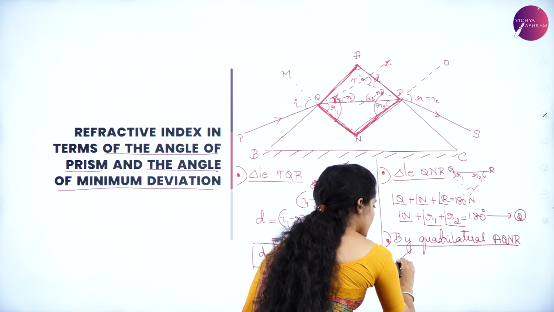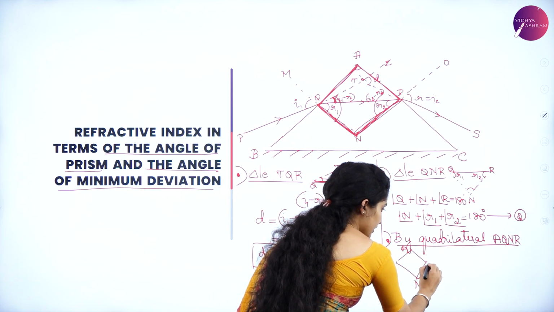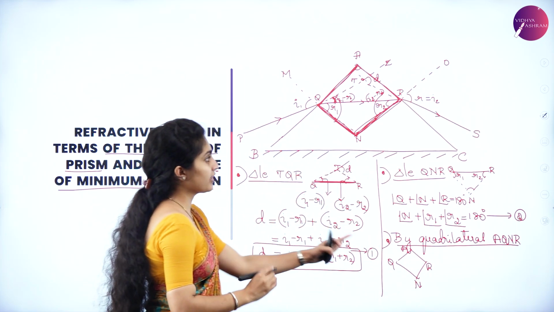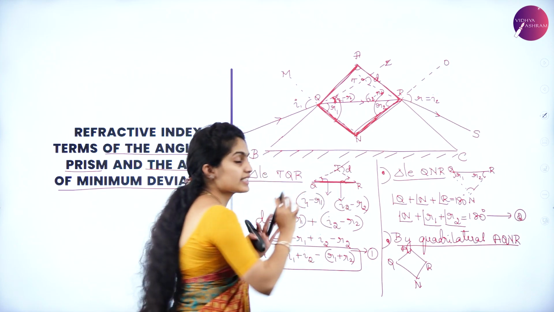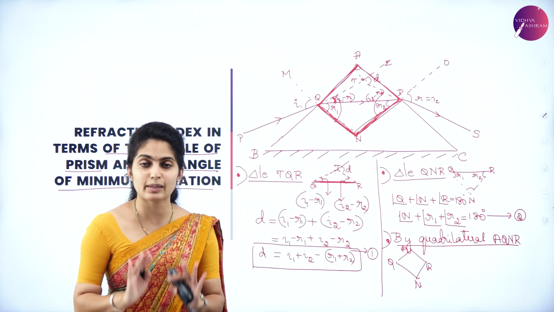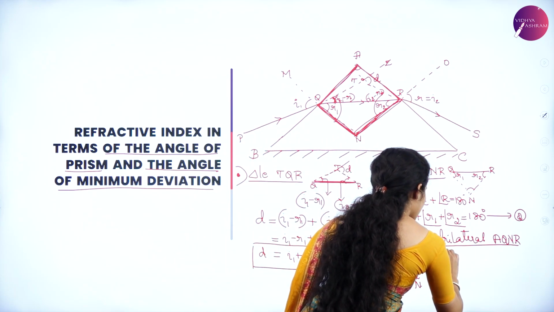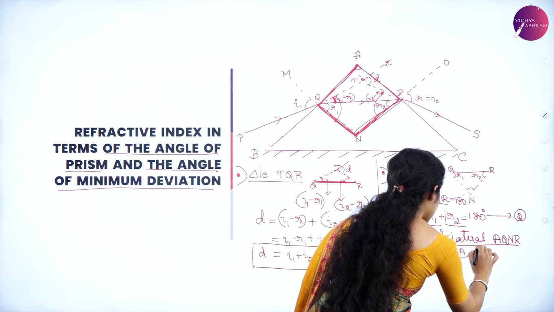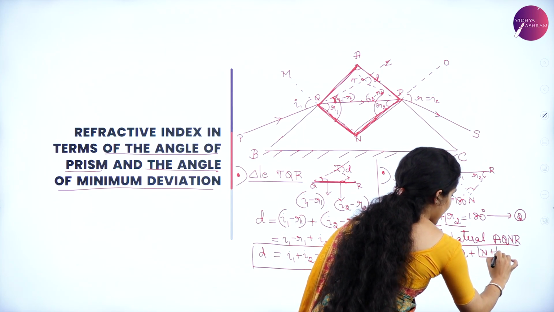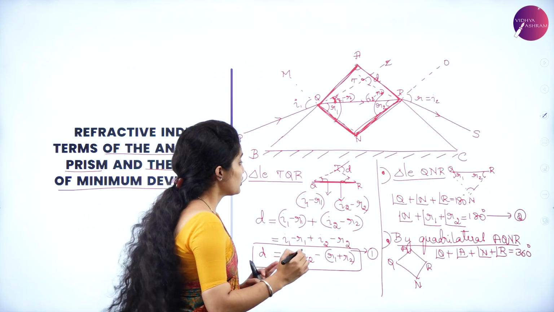So we are using A, Q, N and R. Having this, it is nothing but the complete quadrilateral, all four angles make 360 degree by angle sum property. Okay, so now you are having angle Q plus angle A plus angle N plus angle R is equal to 360 degree.